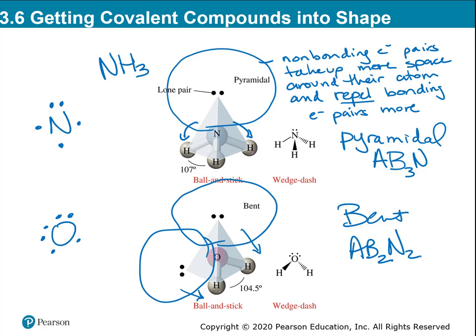This is why this is different than carbon dioxide. In carbon dioxide, those oxygens can get opposite of each other because carbon has no non-bonding electrons. So you get that linear arrangement, even though carbon just has 2 groups connected. Here, oxygen has 2 groups connected, but because of the non-bonding pairs, it's going to create more repulsion and create the bent shape.